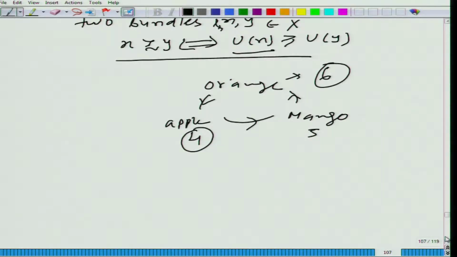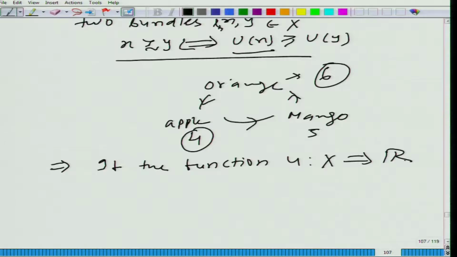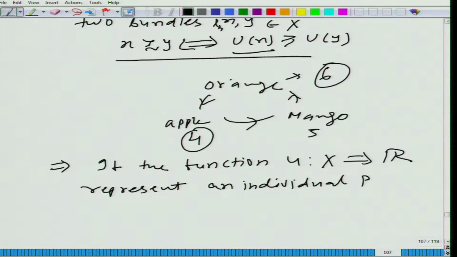So let me give you again a more general result, and the result is: if the function U represents an individual's preference, so of course this individual has to have rational preference, otherwise it cannot be represented by a utility function.